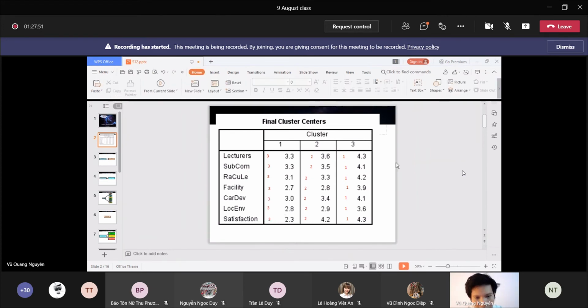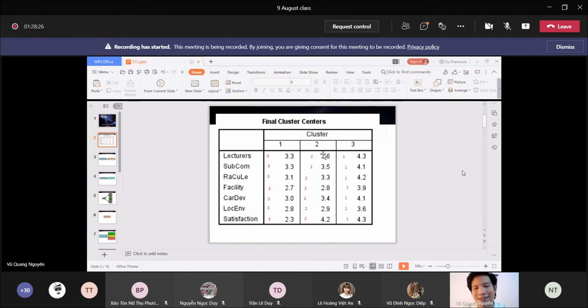Okay. If we have this, what should we tell the managers? Well, again, you can see that this one is useless. If we divide our market into 3 segments, then the first segment is the people who are very good in all aspects and very much satisfied. The second segment, people who are bad in all aspects of the universities and not satisfied.